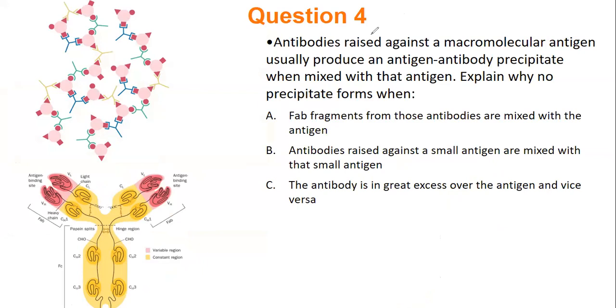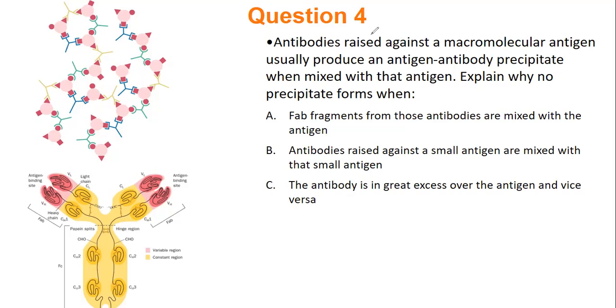So let's say that I have an antibody and I raise it against an antigen. And usually when I expose my antibody to this antigen, we have a precipitate. However, there are certain scenarios when no precipitate forms. So scenario A, we don't have a Fc, so we only mix Fab fragments with the antigen, all right?